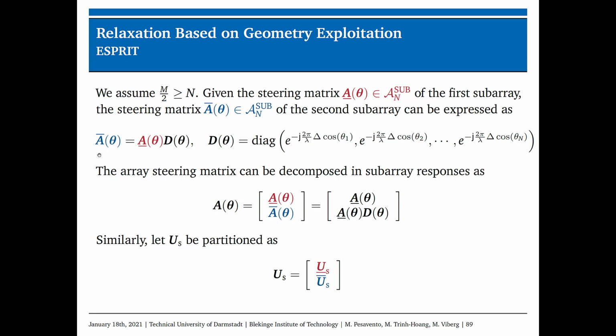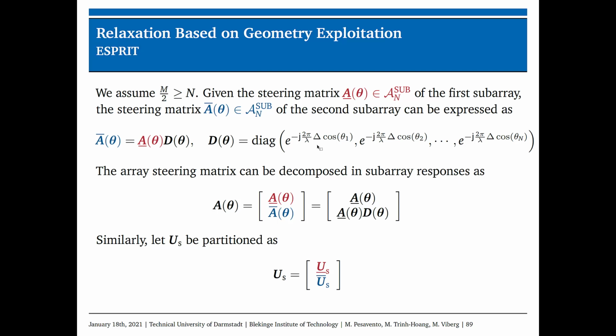The steering matrix A overbar of the blue array is equal to the steering matrix A underbar of the red array if we multiply the latter from the right with the diagonal matrix Delta of theta. The diagonal matrix is implementing the effects of the array shift by baseline delta, and Delta is a diagonal matrix containing the complex exponentials that implement the shift.